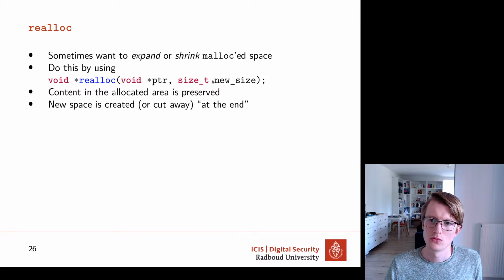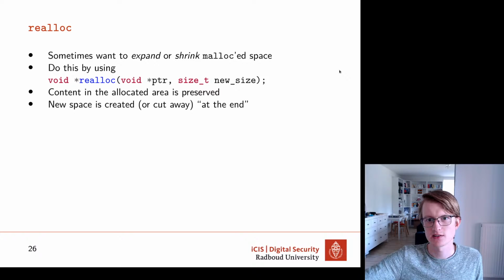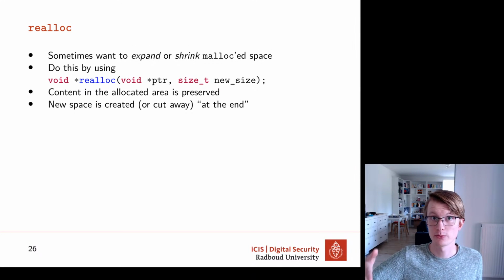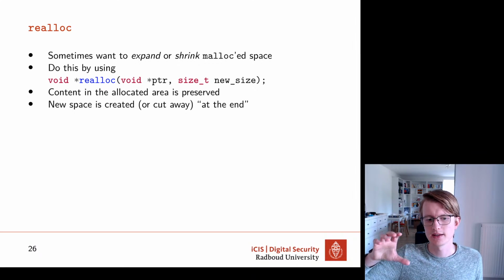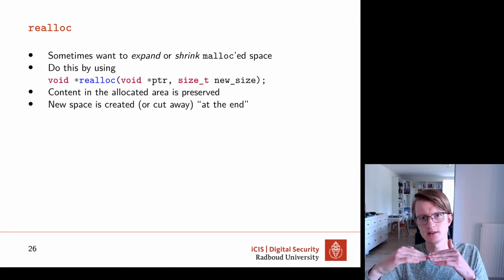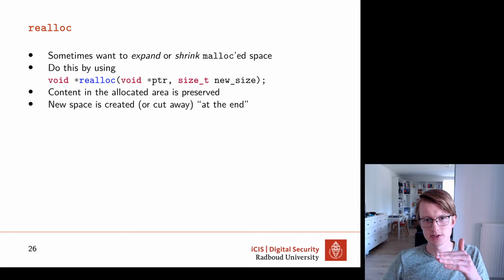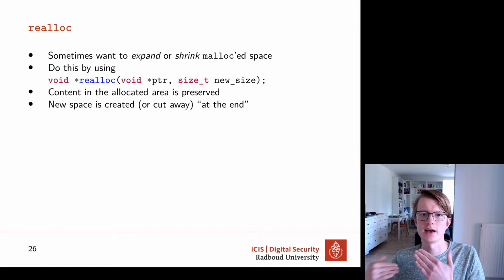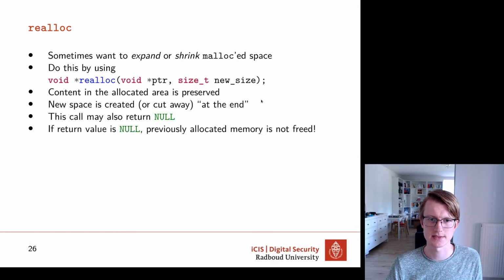If you give it a larger size, this space is added at the end, or taken away from the end. And again, because heap memory is guaranteed to be contiguous, you can just continue writing as if it was always that size. Yeah, it might also contain null.